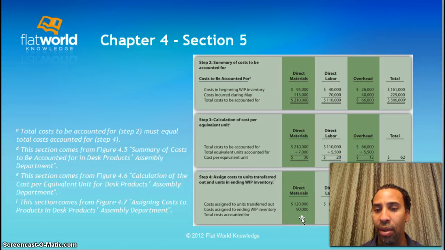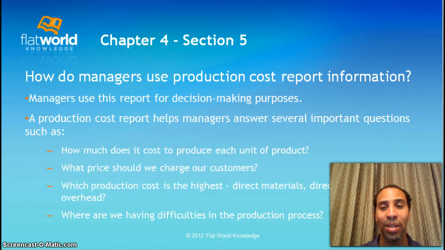So you take the 3,000 multiplied by that 30, you get your 90,000. You take your 1,500 multiplied by 20 to get your 30,000, and your 1,500 multiplied by 12 to get your 18,000. And that's how you go through the process of coming up with your total cost accounted for, which is $386,000. Big difference.